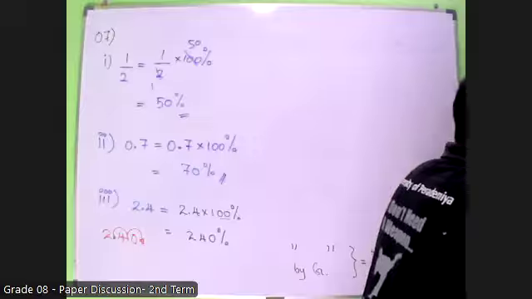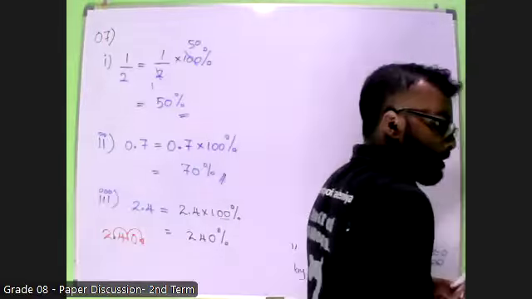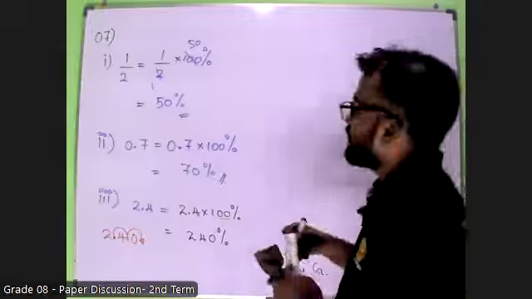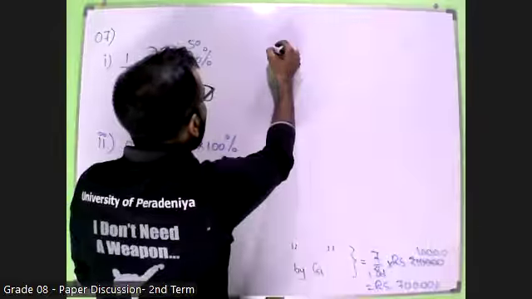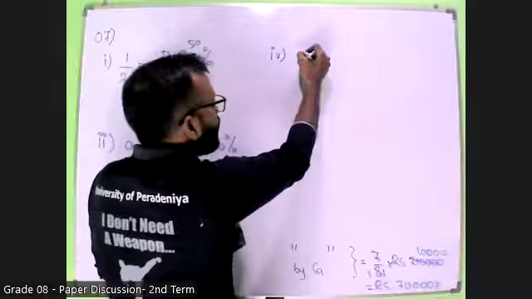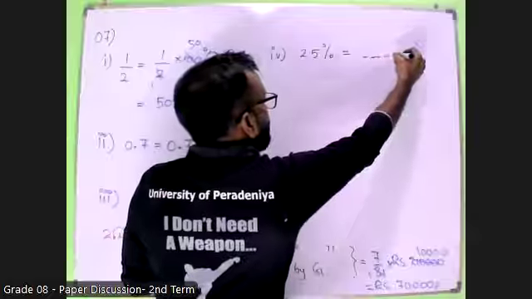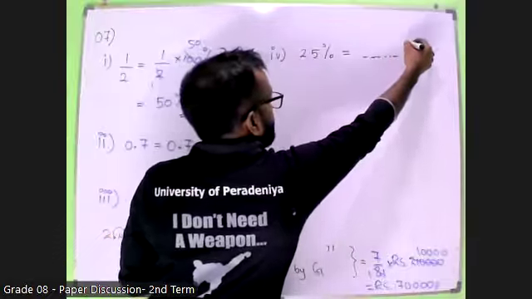Fourth one. You have to convert 25%. It is not actually a percentage. So the fourth one should be corrected as 25%, only blank is space. There is a percentage mark here.